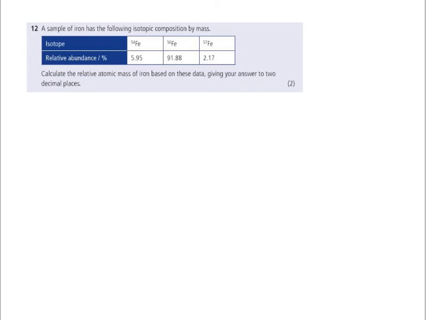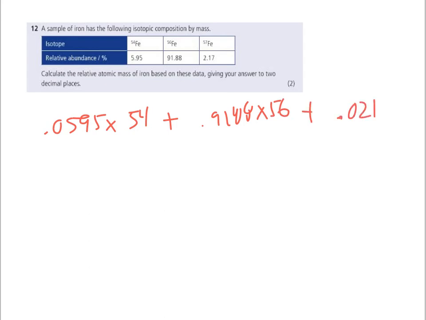Number 12, a sample of iron has the following isotopic composition by mass. Calculate the relative atomic mass. So they've given you all the information you need. You just have to set up the weighted average with 0.0595 times the mass of 54 plus 0.9188 times the mass of 56 plus 0.0217 times the mass of 57.